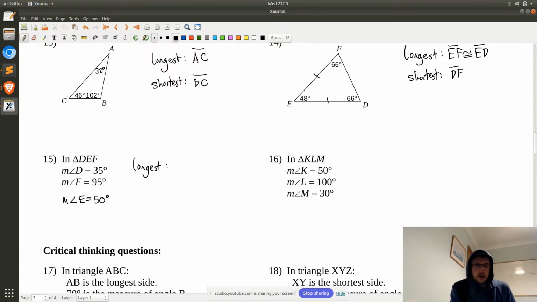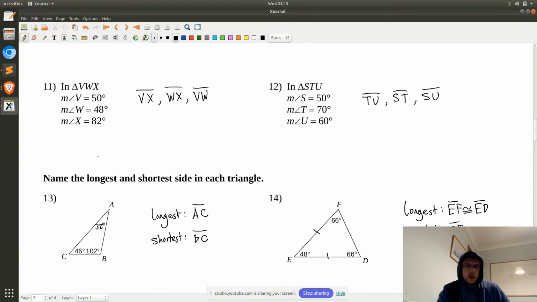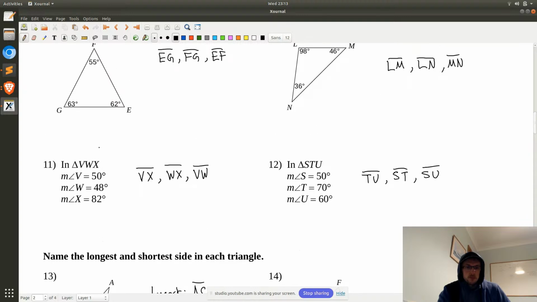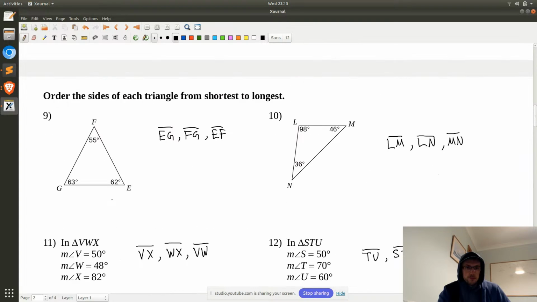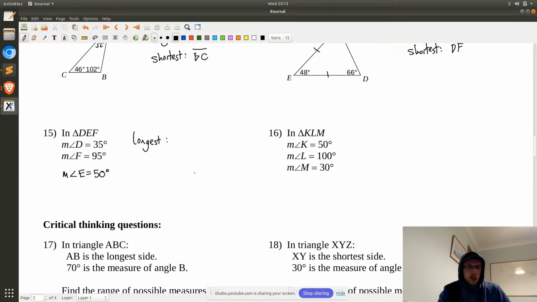So the longest side is opposite the largest angle, so I feel that I've made a mistake here. No, that's fine. The longest side is the side that is opposite to angle F, which is side DE. And the shortest side is the side which is opposite angle D, which is side EF.